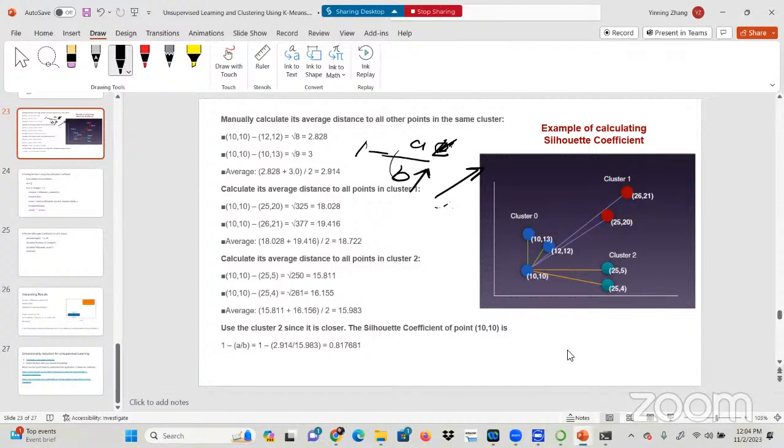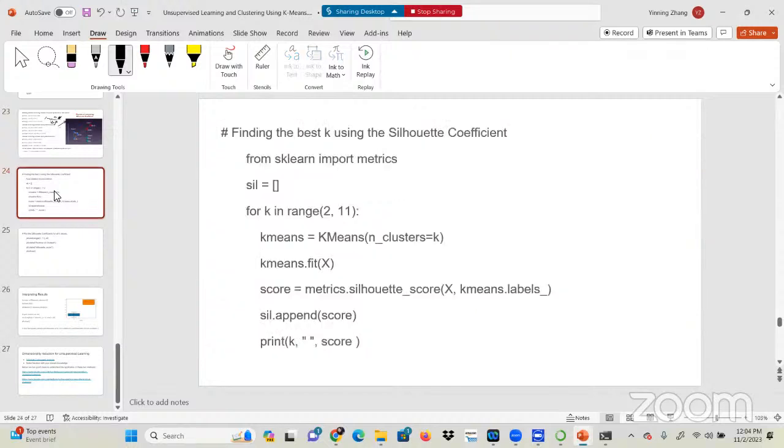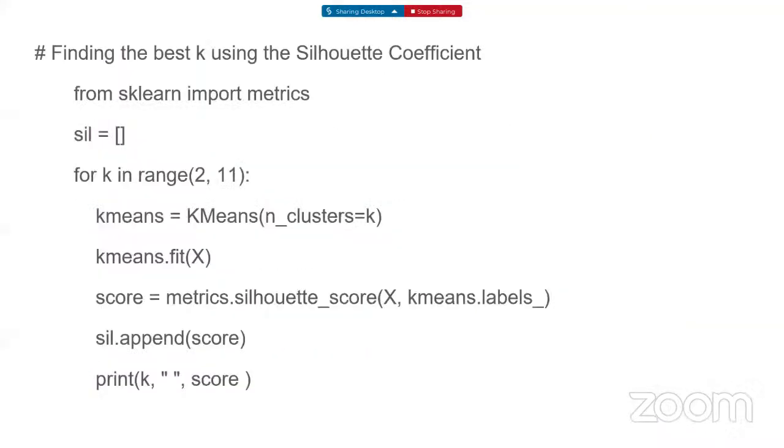I think. So, for example, if we have another group of data, and if they are not scaled, it could probably appear like this.